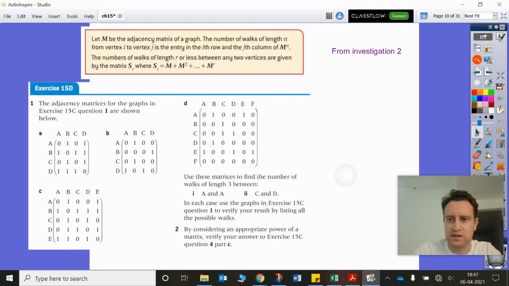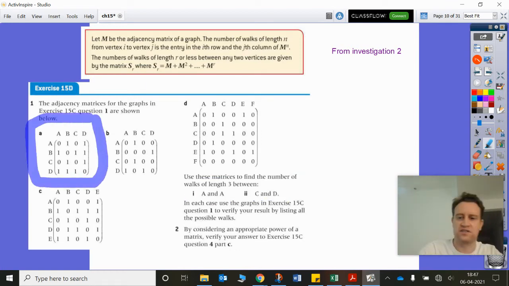This says, use these matrices to find the number of walks of length 3 between A and A, C and D in each of these cases. So let's try just the first one here. Let's go to the calculator. I've got the TI-Nspire, of course. Menu, matrices, 7. We're going to create a matrix here, which is 4 by 4.